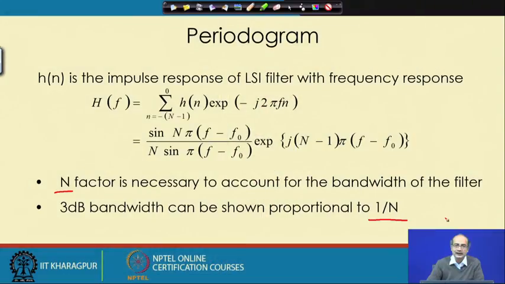As we have more and more data, it goes towards the ideal condition where the bandpass filter collapses towards a delta function and gives us the exact energy at that particular frequency. So, it is moving towards ideality. That is the second result we get, and that gives us much hope about the periodogram.